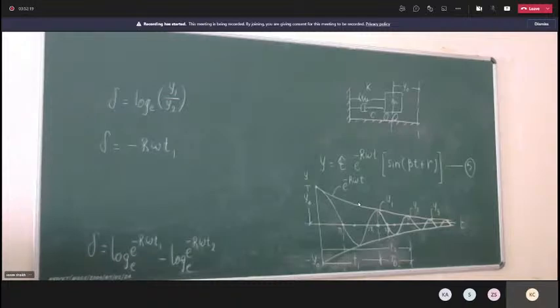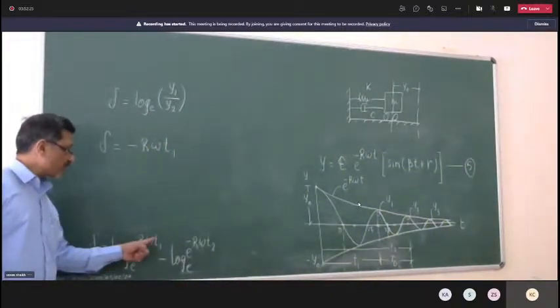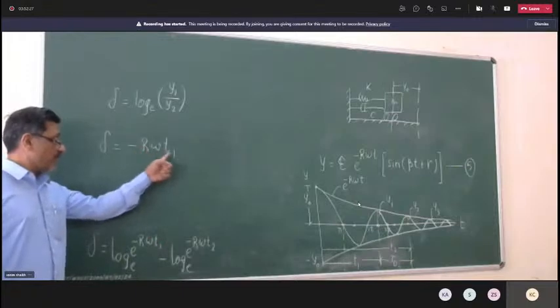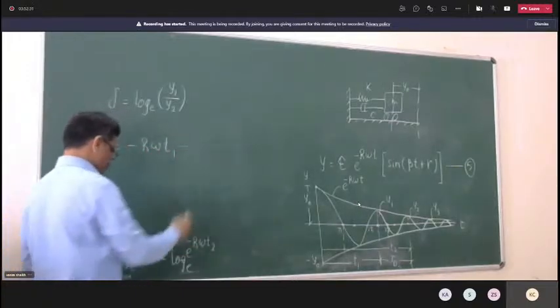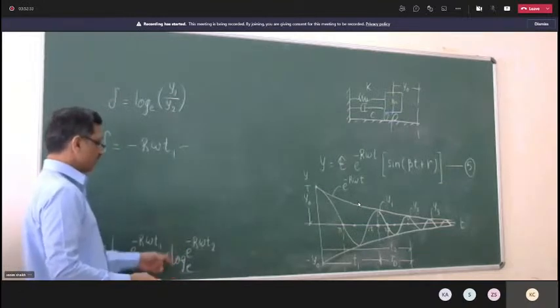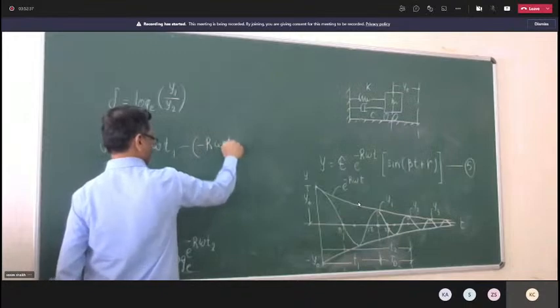So ln e raised to minus r omega t1 is minus r omega t1, minus this, minus in the bracket, it will be minus r omega t2.